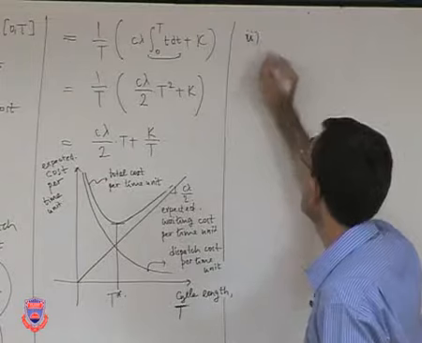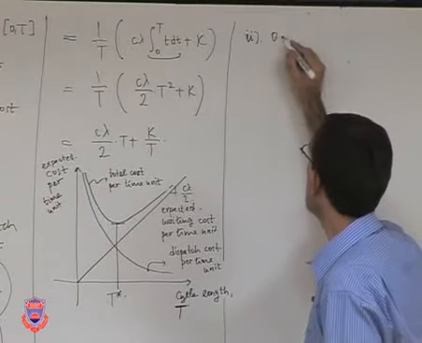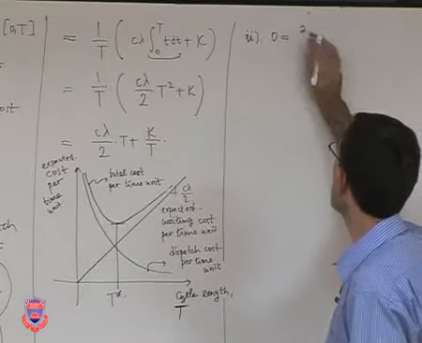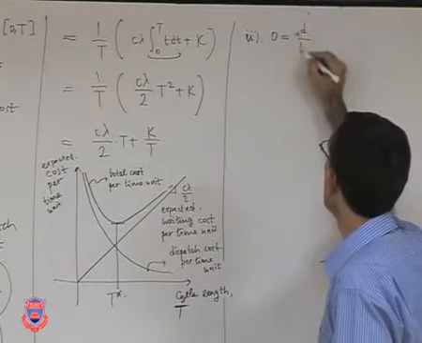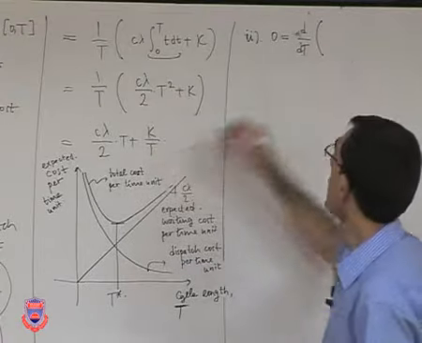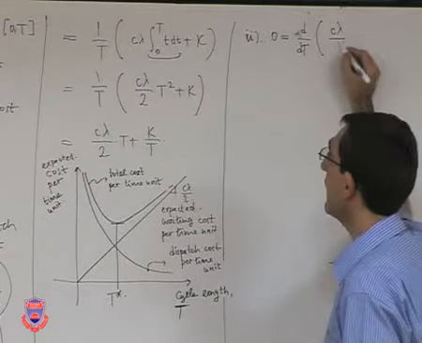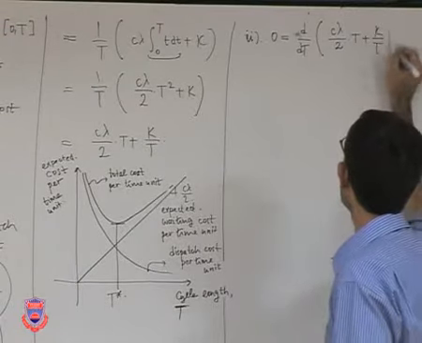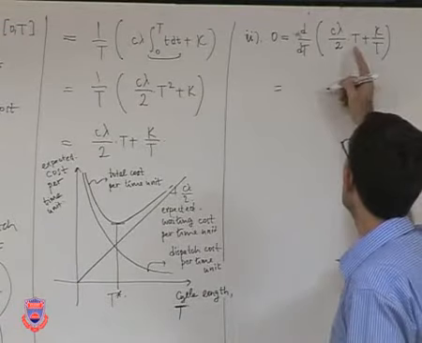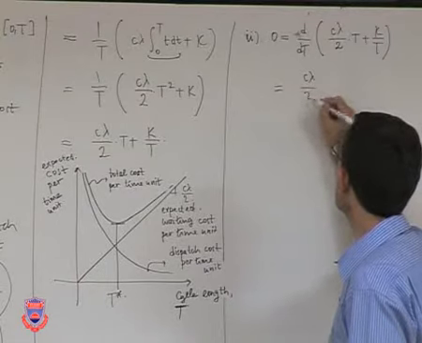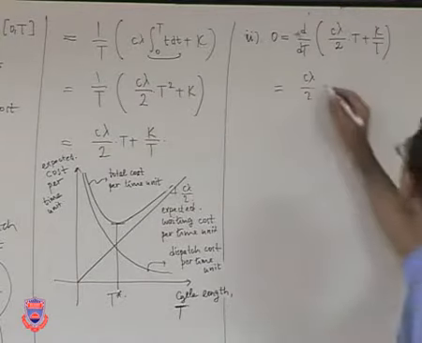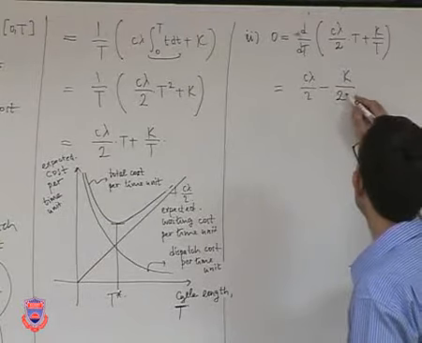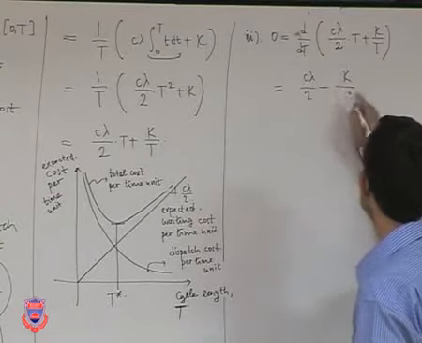In part 2, we will take the derivative of this and then set that to 0, which is c times lambda over 2 times T plus k over T. And from here you get c times lambda over 2, and from here you get k over just T squared.